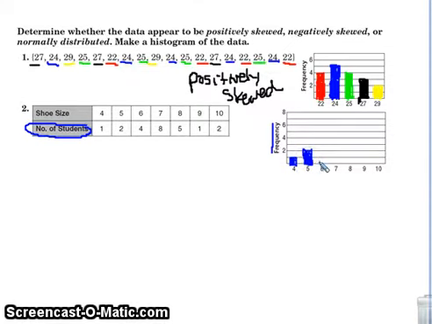And I'm just going to continue to complete my histogram. Eight is going to go to 5.